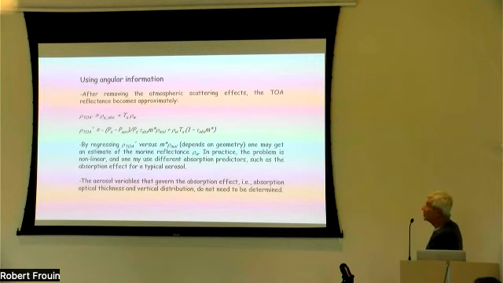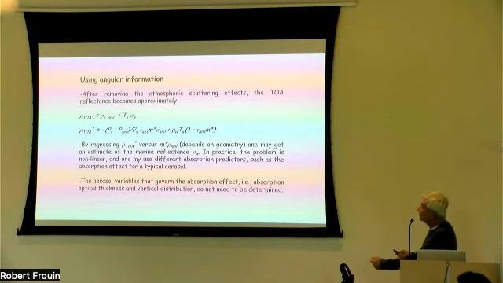Now, I mentioned angular information. If you recall, when you remove the atmospheric scattering effect, let's say using a standard algorithm, what you're left with is the ocean signal plus the absorbing effect.